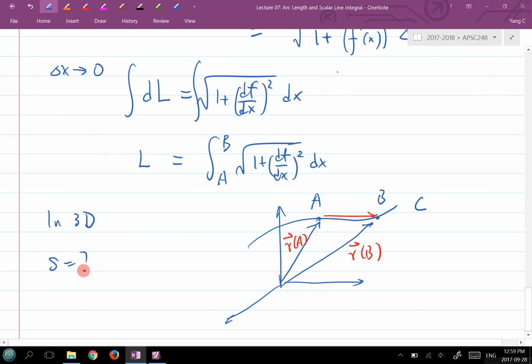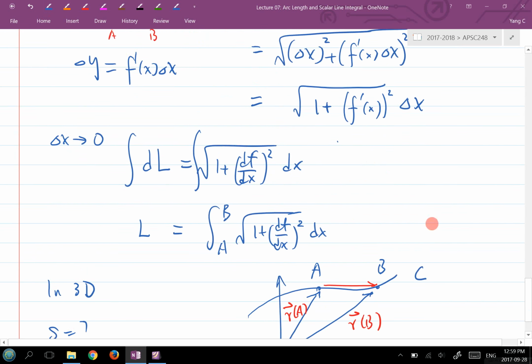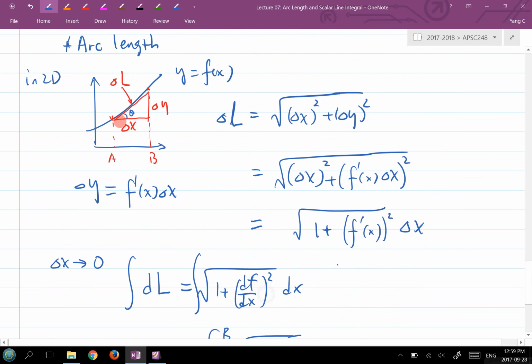So let's see how we can derive a formula. It's going to be a little bit different, but you will see it covers the case for 2D. I'll do a very similar kind of approximation: we start from a relatively big distance, and then we'll shrink to smaller ones.